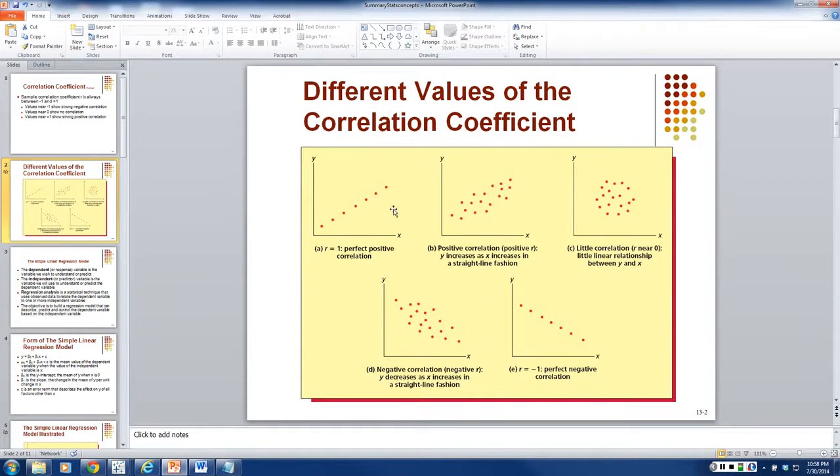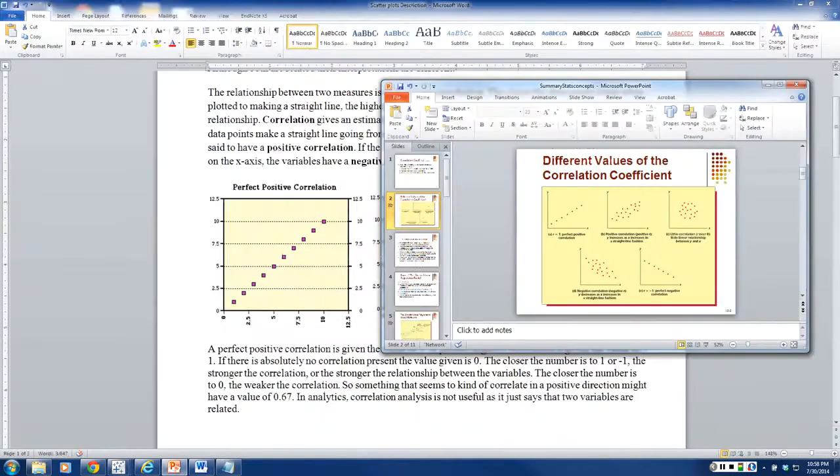So if this is 1, then definitely it is less than 1. But there is some correlation because we can see there is a trend. Here the correlation is almost 0 because we cannot draw a line with so many points which is scattered around. Similarly, this is a negative correlation. It's not perfect because it's not in a line, but there is some correlation, and it is -1 because everything is in a single line. So we have understood the value of correlation.